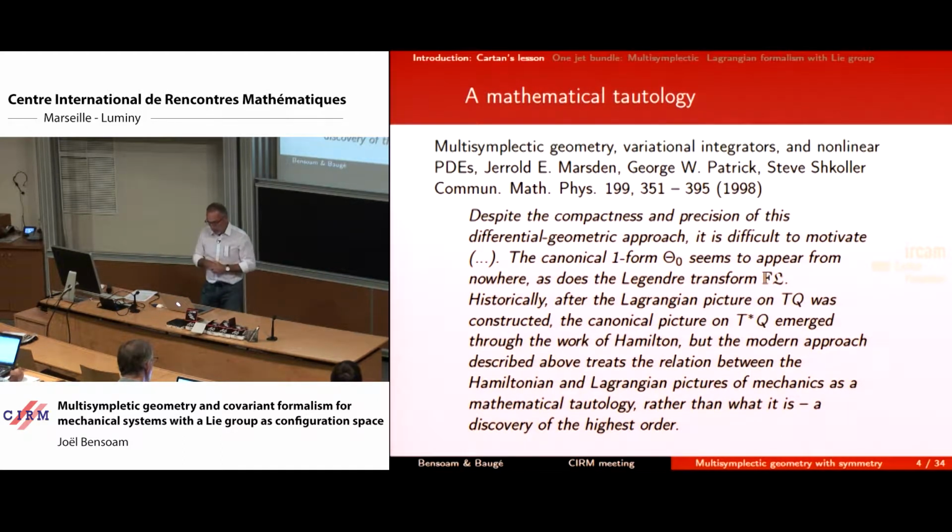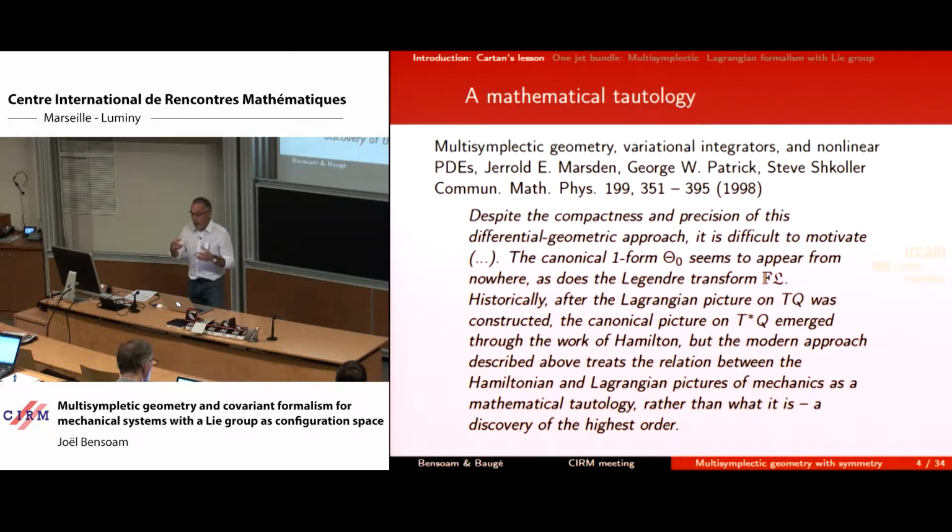Then you have to make a Legendre transform or an inverse Legendre transform, and for him it seems that this sort of thing came from nowhere. And historically, since Lagrange did his first works, it seems that the things are reversed in these formulations.